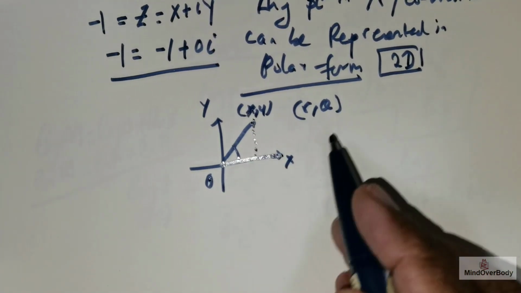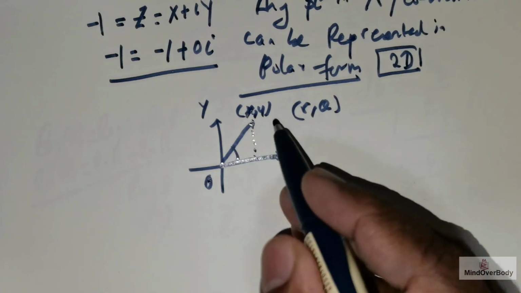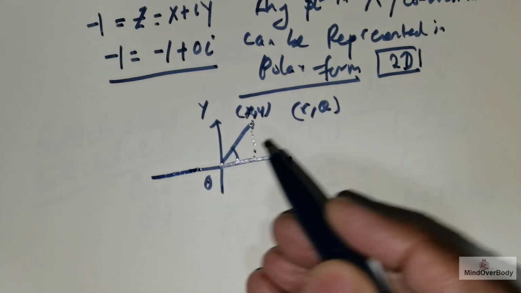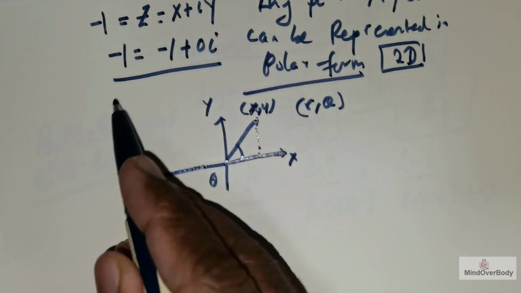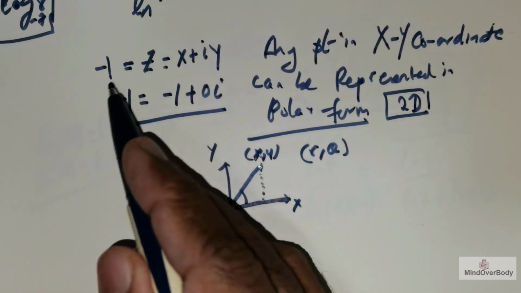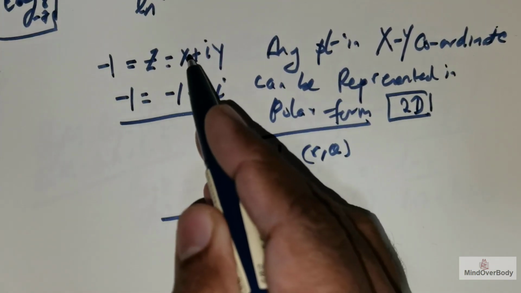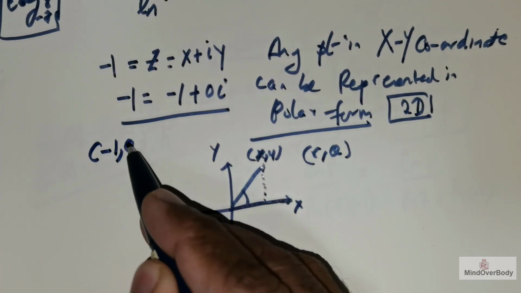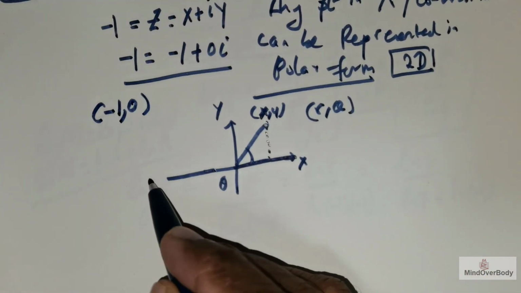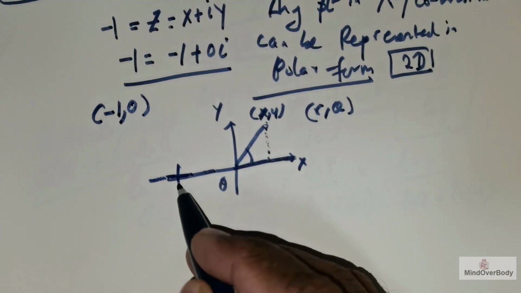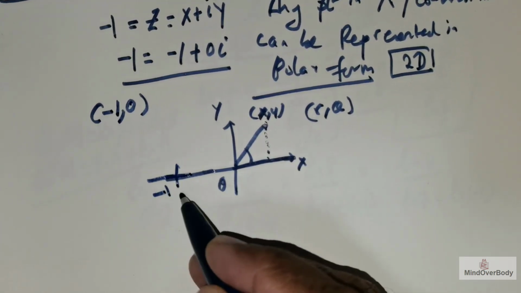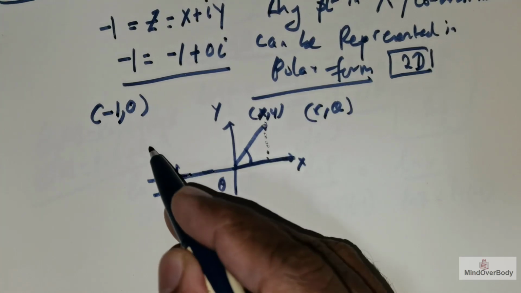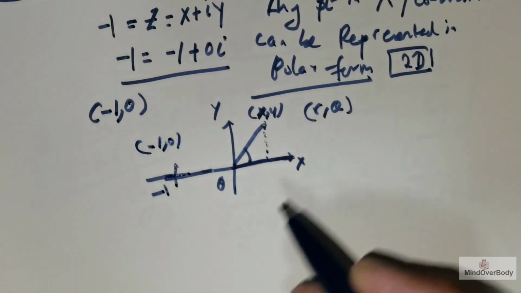So any coordinate, any point for that matter, now say in this case I am taking z to be equal to -1. Now this -1 is actually nothing but as a coordinate -1 comma 0. Now that -1 comma 0 is going to be somewhere over here. Okay, so this point is -1 comma 0.